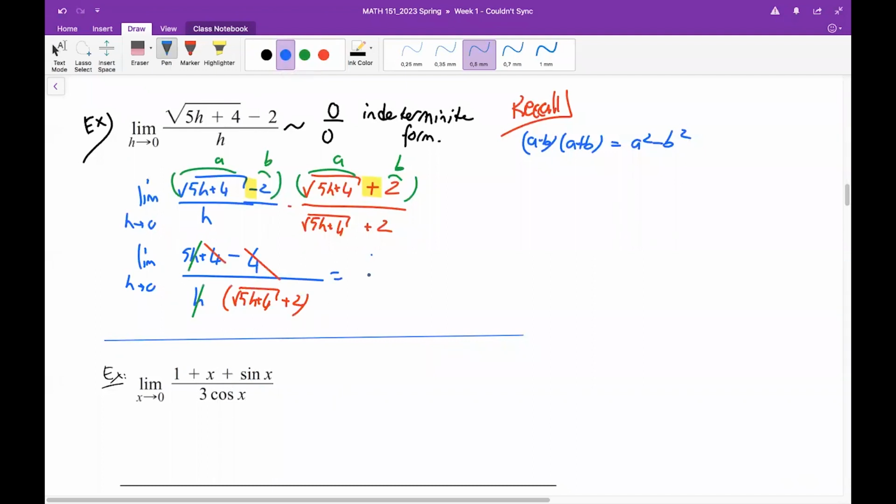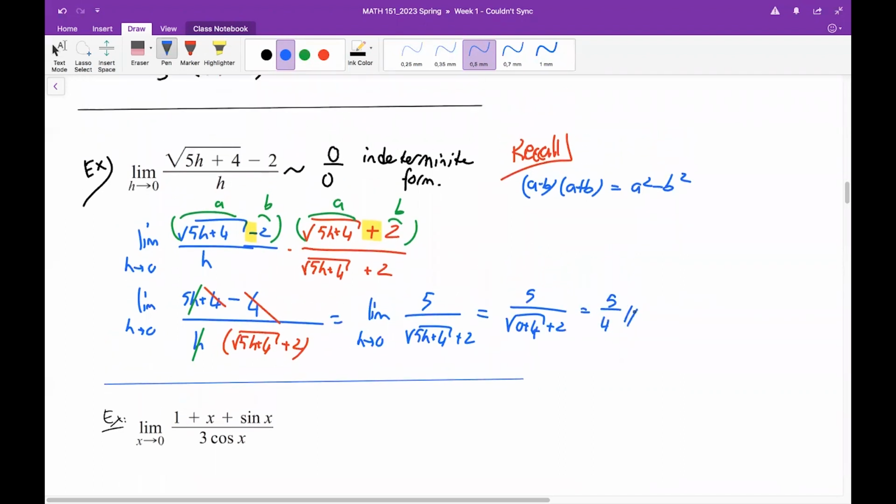So what do we have then after doing all such simplifications? As h goes to 0, 5 over 5h plus 4 plus 2. Now we are safe to insert h equals 0 because it doesn't cause any problem anymore. So the result is 5 over 4.